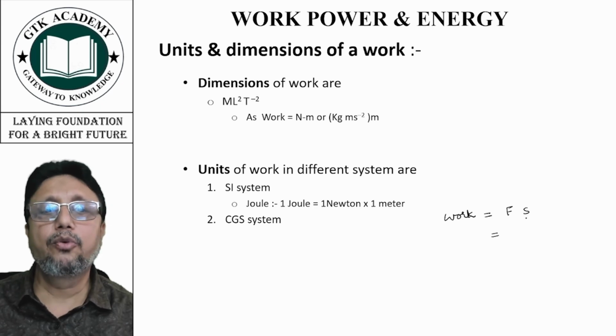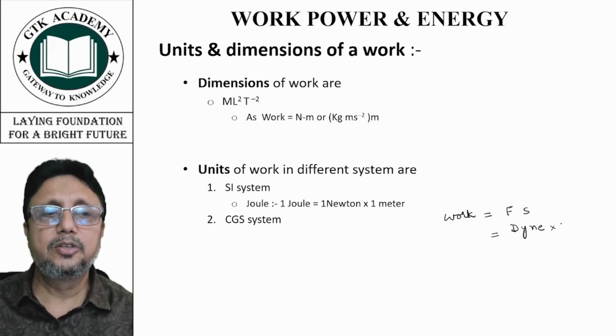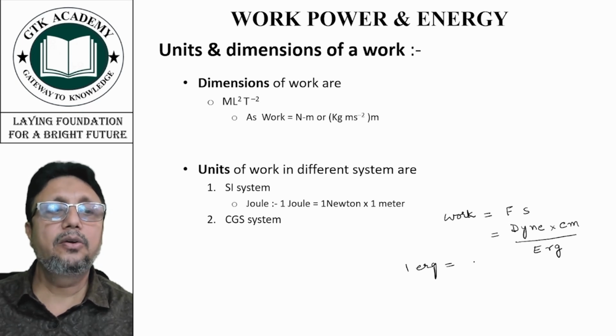Now, what is the unit of force in CGS system? That is dyne, into what is the unit of displacement? Centimeter. Now, this dyne into centimeter is called erg. So, 1 erg is equal to 1 dyne into 1 centimeter.